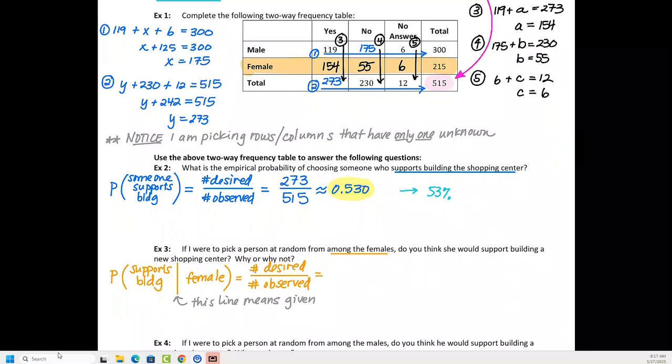So how many of the females have the desired response, which is they support the building? Well, looking only at the orange row up here, how many of the females would support building the shopping center? Good, it's the 154. That's right here.